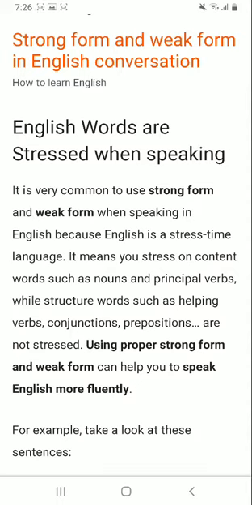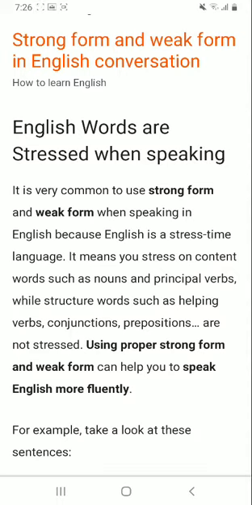Before going into the content, let me tell you what is strong and weak form. It is nothing but where we give a weak form and where we give a strong form for a word. That is called strong and weak forms.